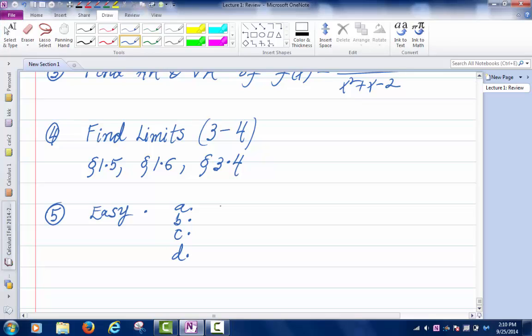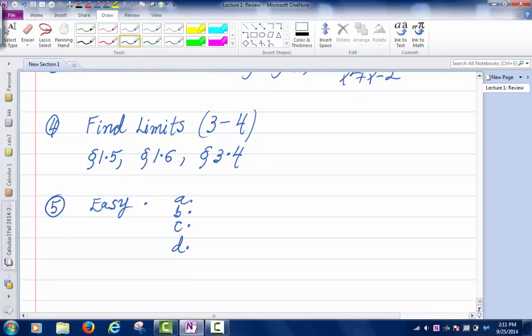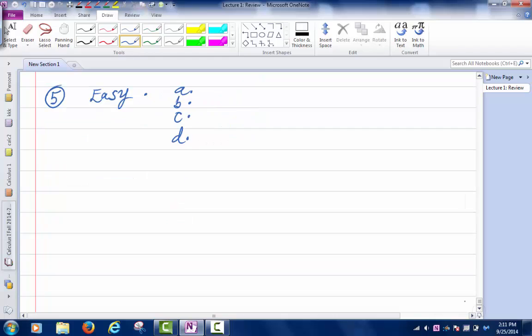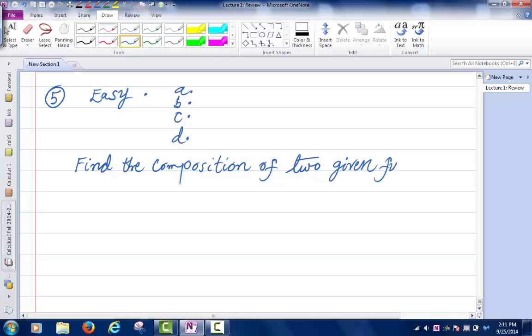So find the composition of 2 given functions. Okay, that's one of them.